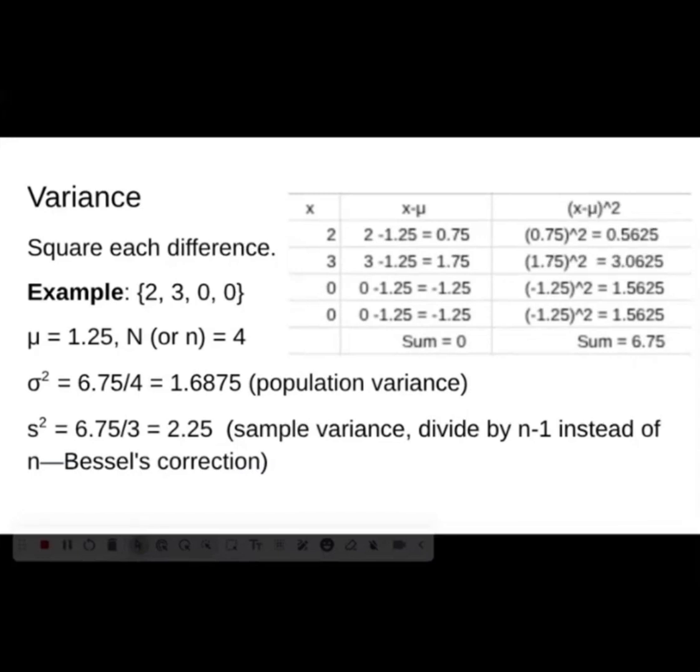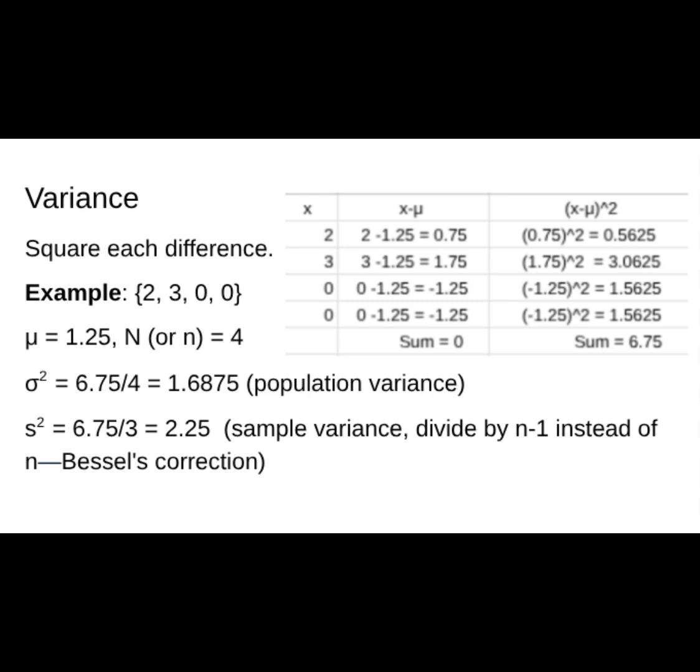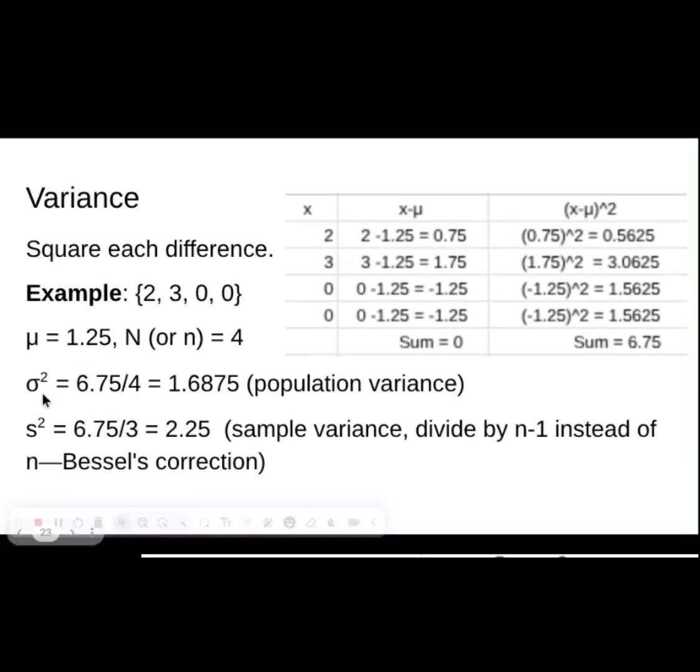So what is the mean or the average of the squared deviations? Mean is a sum divided by n, right? What is n? The total number of data points is 4. So the mean squared deviation is 6.75 over 4, which is 1.6875. So this is the population variance, and it is denoted by this Greek letter lowercase sigma squared.